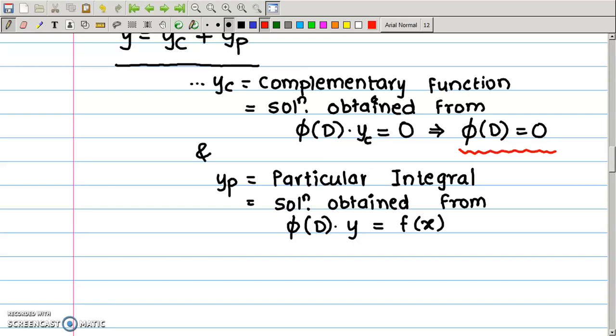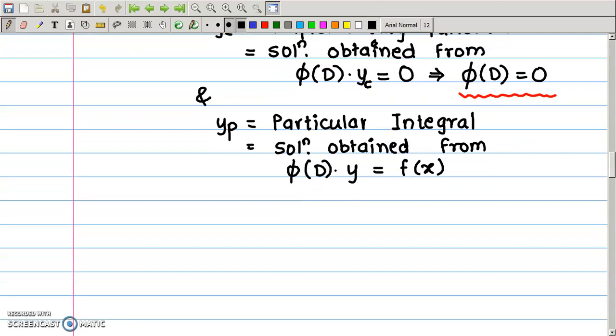You just need to consider the differentiation operator term which is to be equated to 0. And second, to find the second part of the solution, that is the particular integral, we can find the value for yp by taking this auxiliary polynomial to the right hand side. So it will be the inverse of phi of D, which is to be operated on f of x.